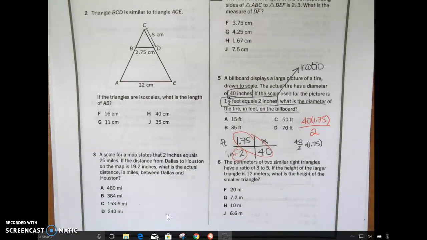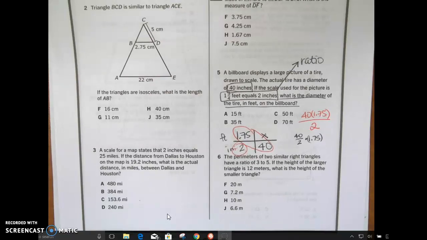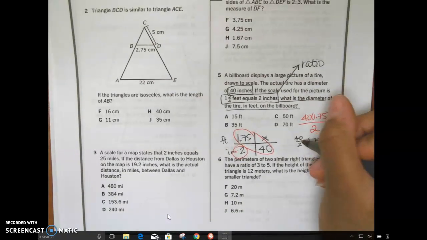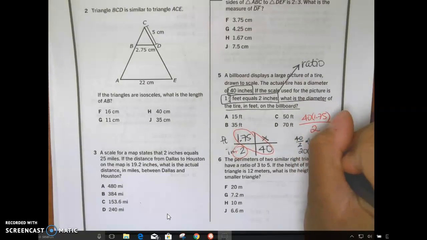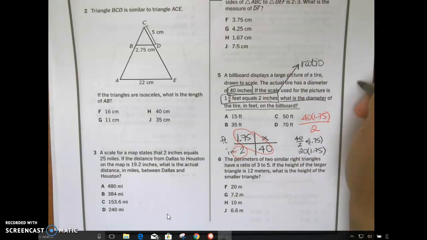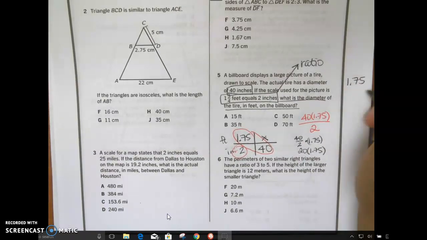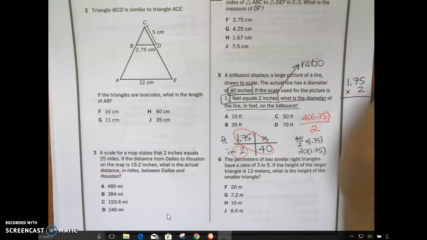What can I simplify to? Good, 20. Because 40 over 2 is 20 times 1.75. Come over here, 1 3/4 times 2. I can add the 0 later.